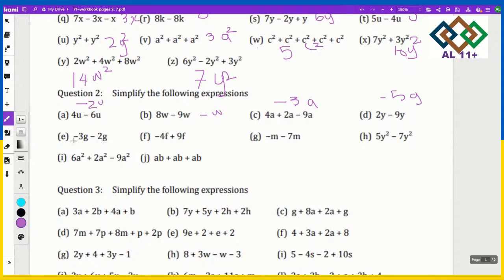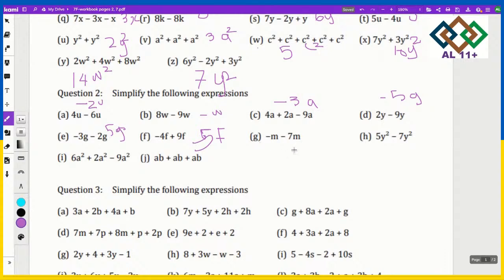So you have minus 3 and minus 2, that would become 5g. And the sign will not be negative, it would be positive. And now you have f, that would be 5f. And again, we have taken the sign of 9, that is positive.